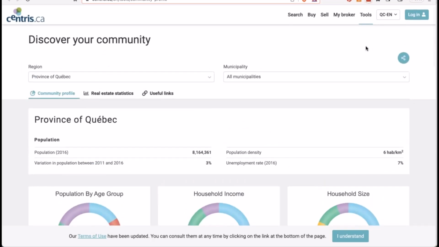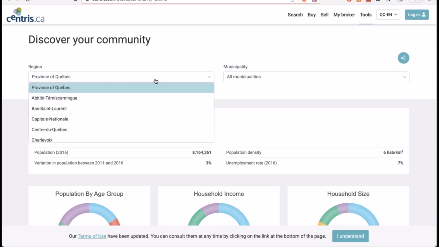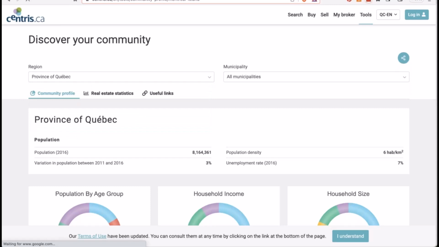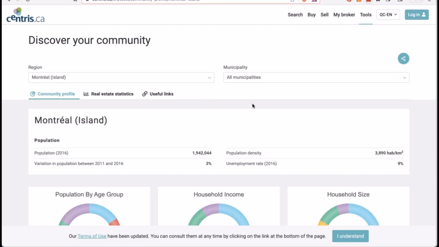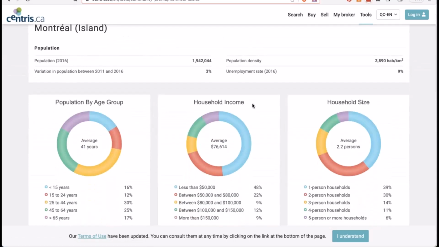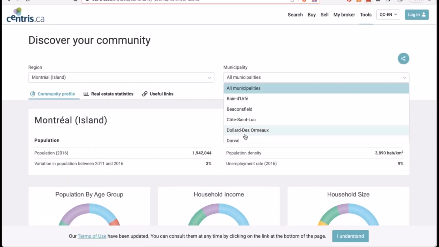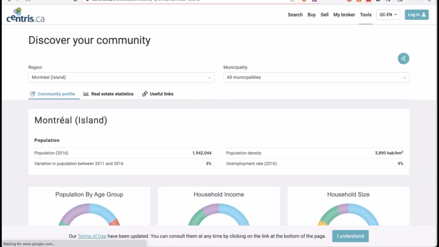So this is actually available publicly to everyone, to the public, right? So they can come here and, if they reach out to you, you can tell them, well, you want to move to Montreal, maybe have a look at neighborhoods that might interest you, and then see if that's what suits you.